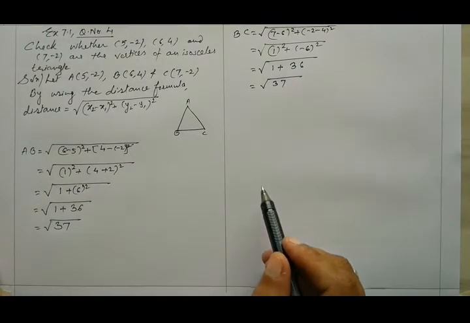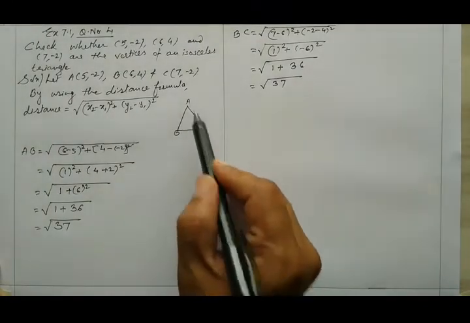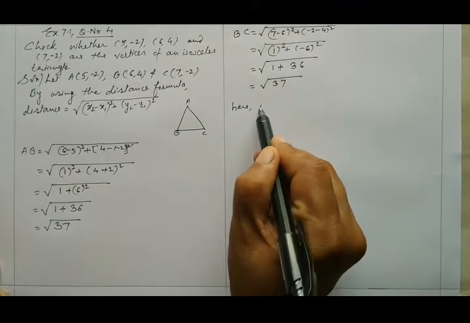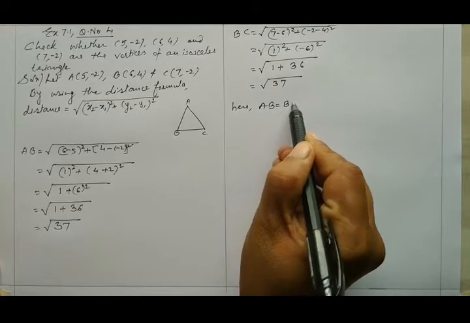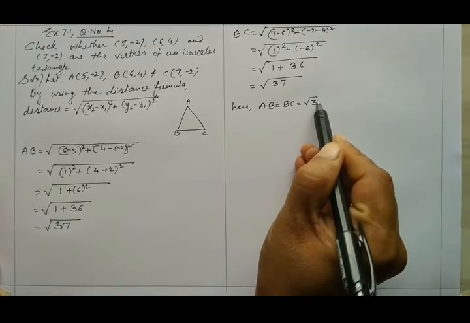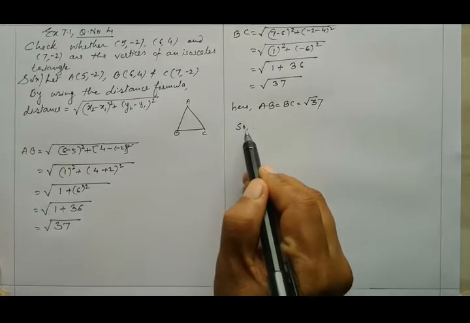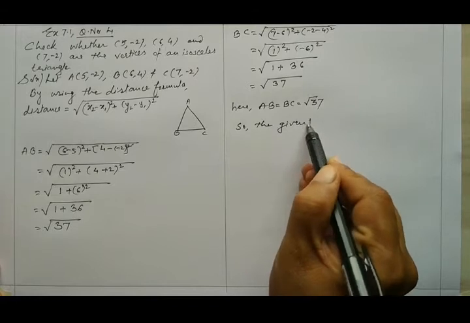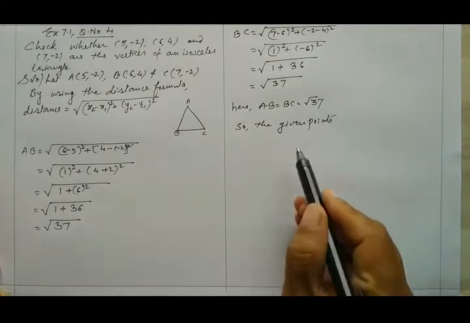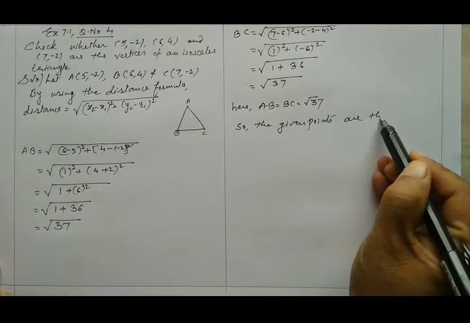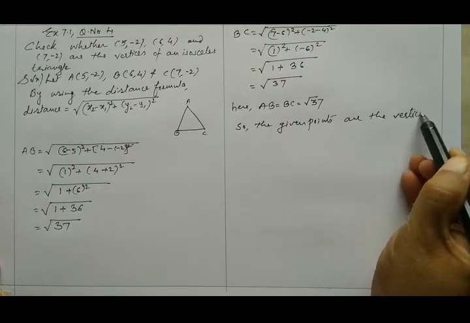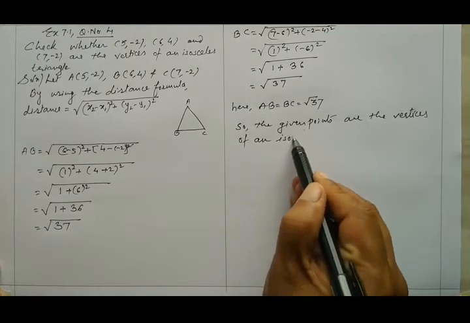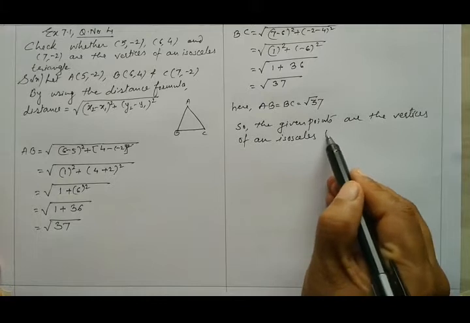So there is no need to calculate AC here, because AB is equal to BC is equal to root 37. So the given points are the vertices of an isosceles triangle.